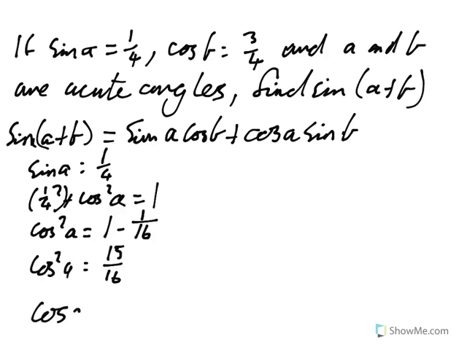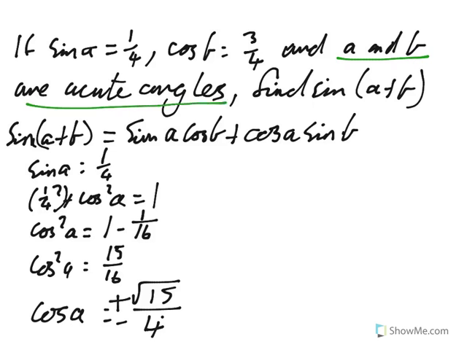And so cos A is the square root of 15 on 4, plus or minus, as I mentioned up here, A and B are acute, so they're both positive in that quadrant. So we've got cos A is root 15 on 4.